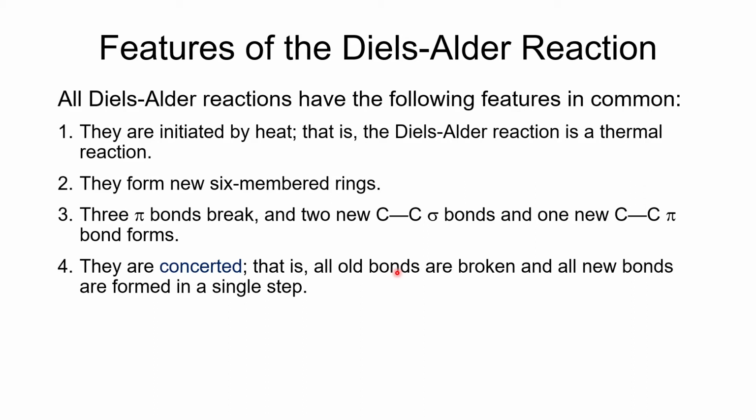For example, the SN2 is a concerted reaction. We make and break the bonds at the same time. Well, this is also concerted. All 3 pi bonds are broken at the same time, and the 2 new sigma bonds and the new pi bond are formed all at the same time. Because it's concerted, that's going to have some effects on stereochemistry, and we'll talk about that shortly.